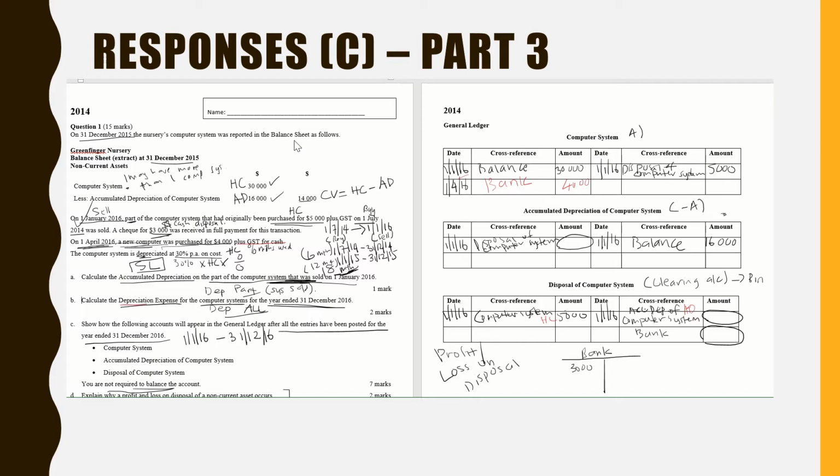As some of you would have remembered, we have worked out the depreciation expense in question B. That was the depreciation expense for all the systems, and that's for the whole year, for the year ended 31st of December 2016.